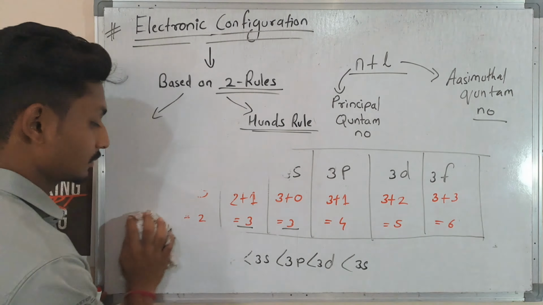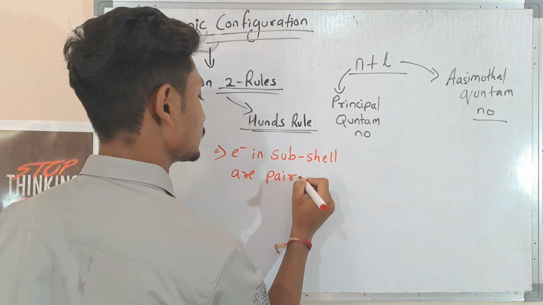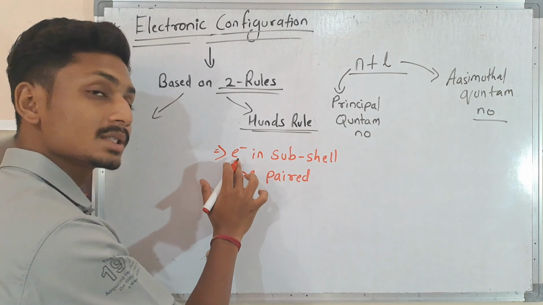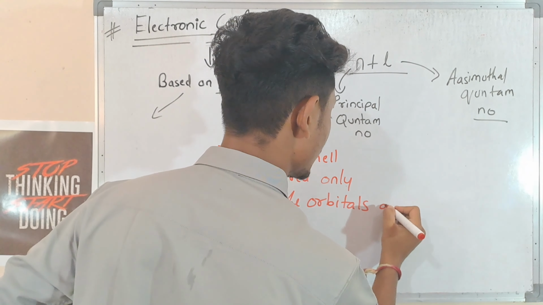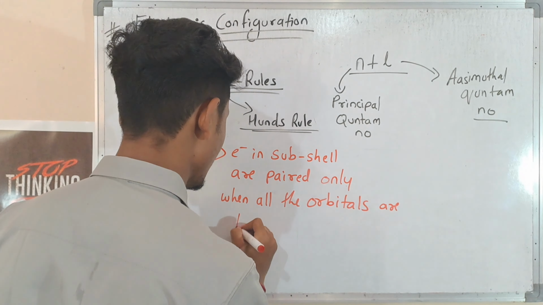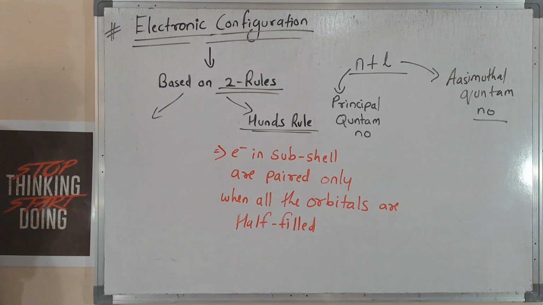Hund's rule: electrons in a subshell are paired only when all the orbitals are half filled with a parallel spin.